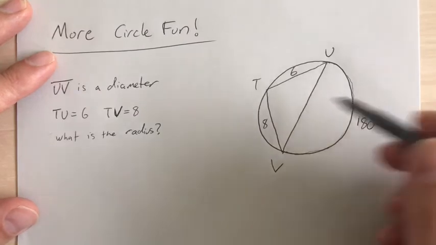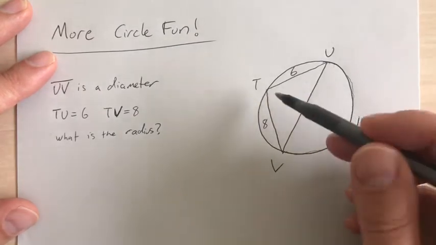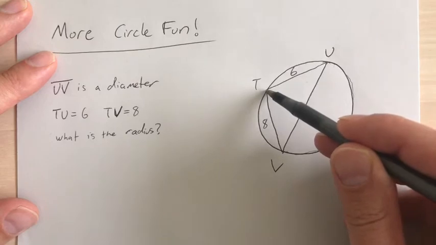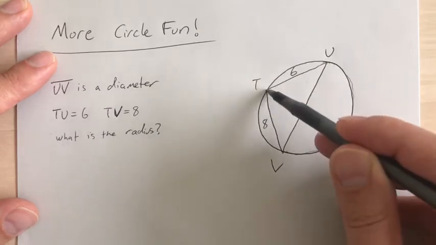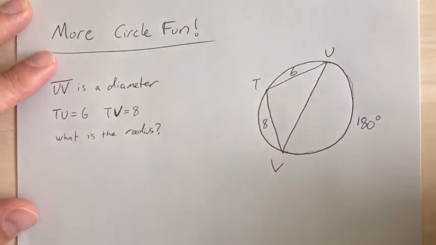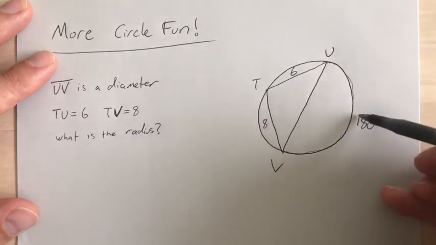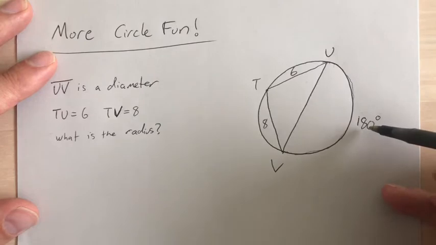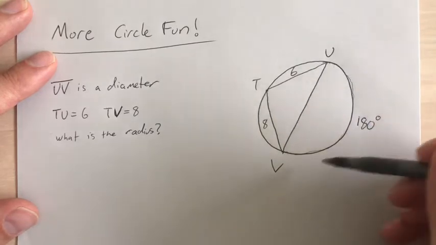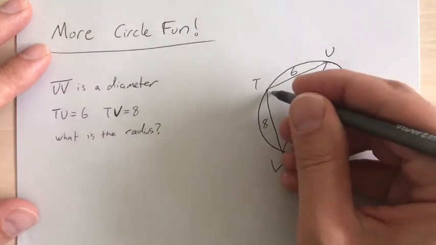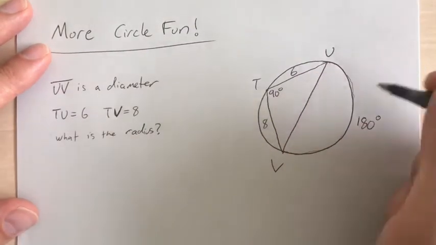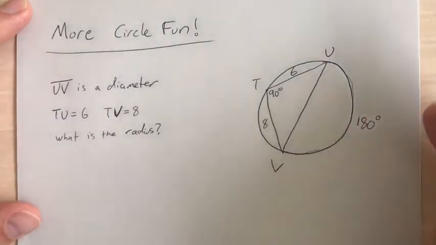Now, why that would make that 90 is because if you think about it, this corner of the angle is on the circle. It's reaching out to U and V. Angle T would be what is known as an inscribed angle, like we talked about last time. And inscribed angles are half the central angle of an arc, right? So because the measure of that central angle for UV is 180, or the measure of that arc, half of 180 would be 90. So this inscribed angle would be 90. And because that's then a right triangle, we can then use the Pythagorean theorem.